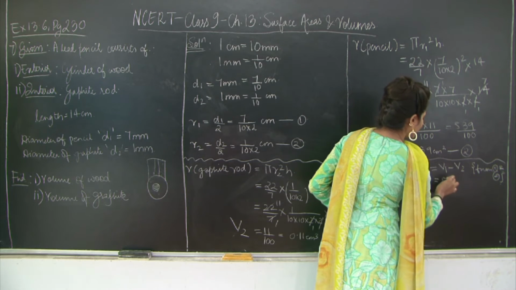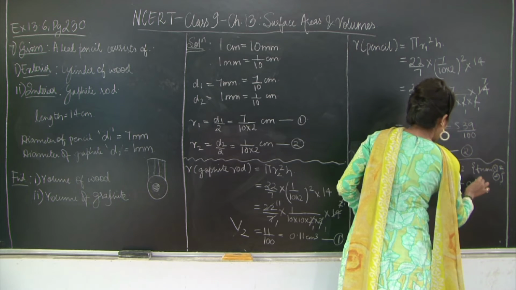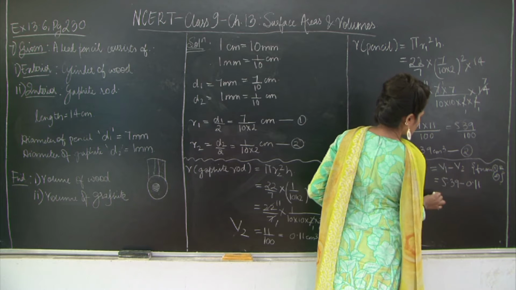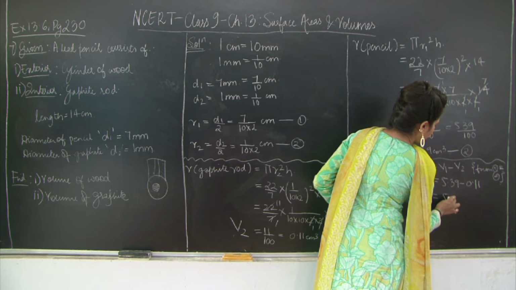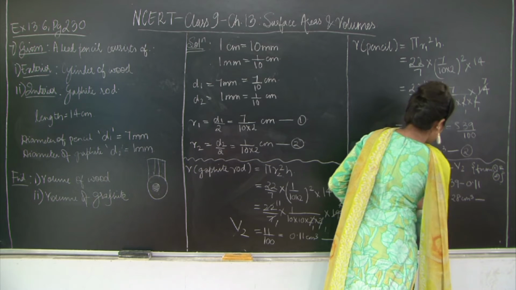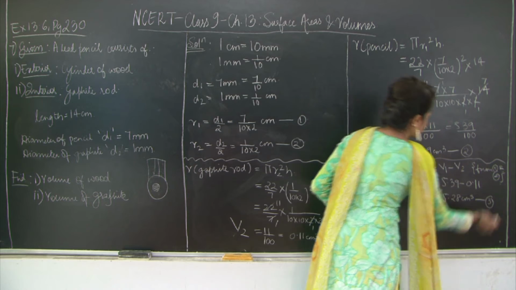So this is going to be 5.39 minus 0.11. This is centimeter cubes. So 5.28 centimeter cubes. Let's mark this equation as 3.